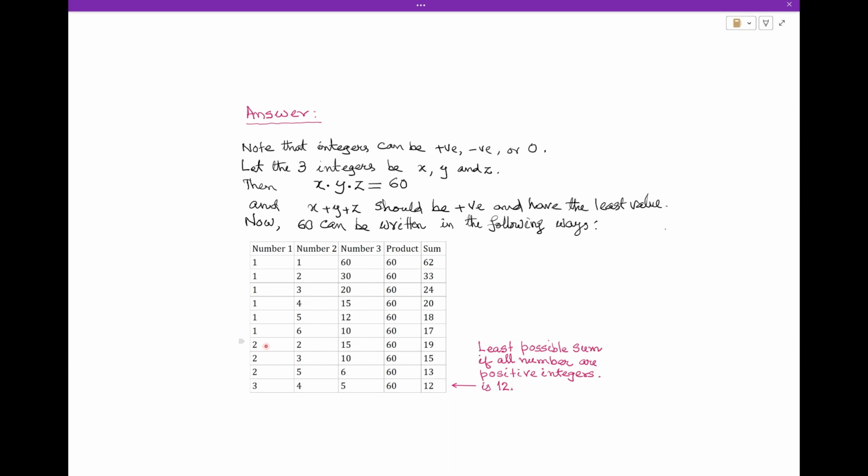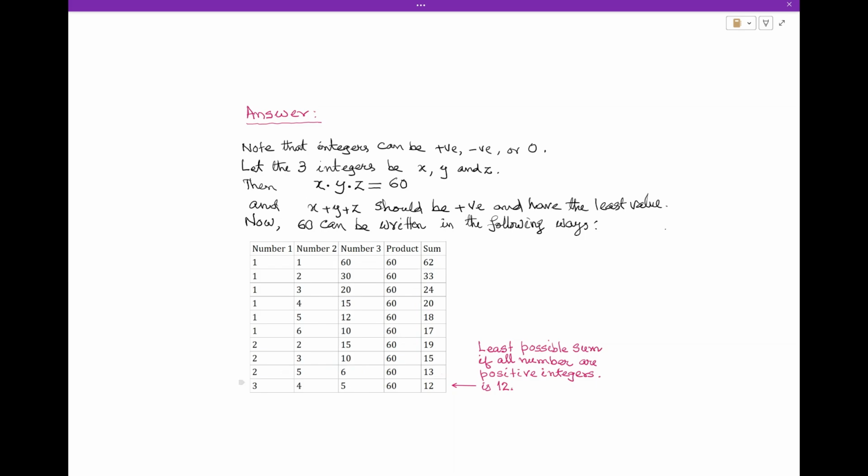If the first two numbers are 2 and 2 and the third number is 15, the product is still 60 and the sum would become 19. With 2, 3 and 10, the product remains at 60 but the sum decreases to 15. Similarly, for 2, 5 and 6, the product is 60 but the sum is 13.